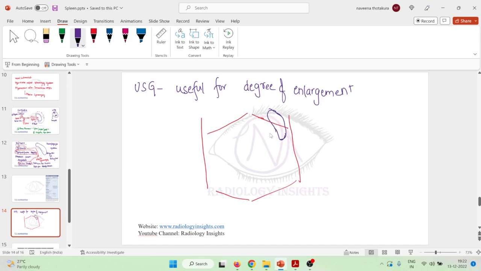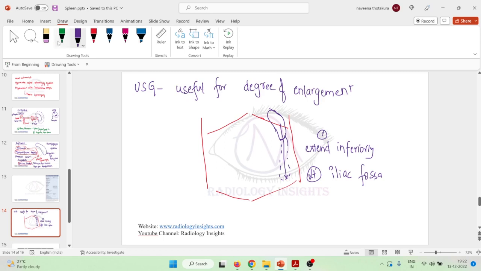Wherever there is splenic enlargement, two things can occur. Number one, it can extend inferiorly into the left iliac fossa.